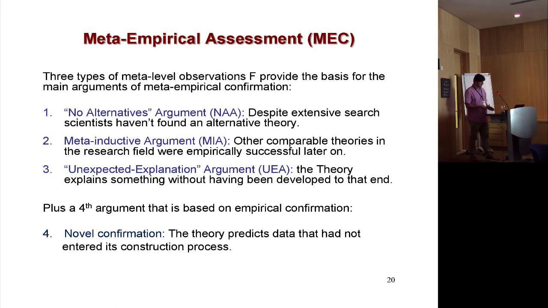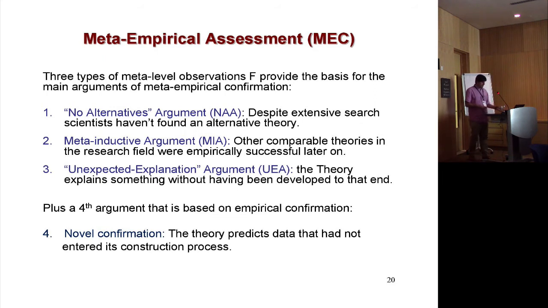And then there is a third argument, unexpected explanation, which is based, once again, on an observation at the meta level, which is the observation that the theory was developed in order to explain something, and then ended up explaining other things it was not developed for.